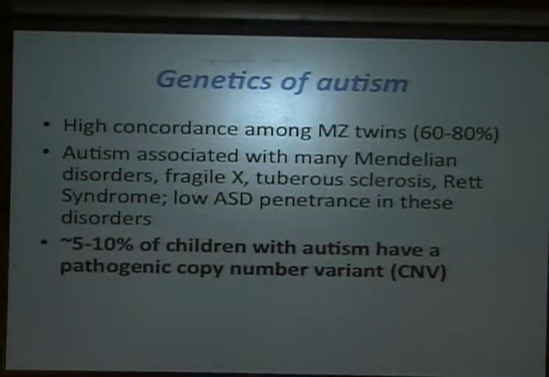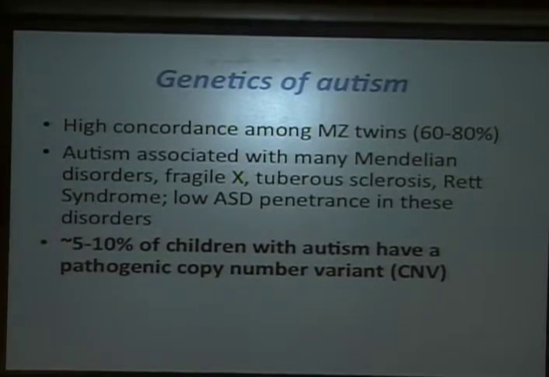But one thing that is true that has come out in the last 5 years, of these kids, if you do a fairly crude assay of their genome, looking for deletions or duplications across the whole genome, somewhere between 5 and 10% of those kids, you're going to find something in there that you don't find in controls, that is, in normally developing kids. 5 to 10% of the time.